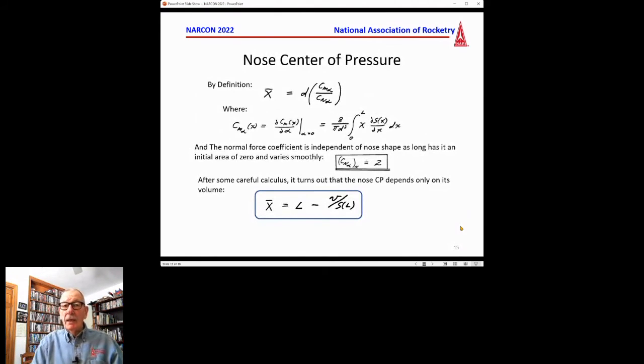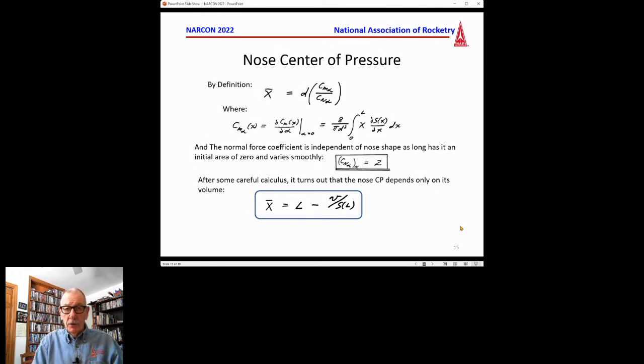So let's look at one part of the equations, and that's for the nose center of pressure. The nose center of pressure, I've chosen that because it turns out to be fairly simple. I'm showing you a little bit of derivative equations so that you have a sense of what it takes.